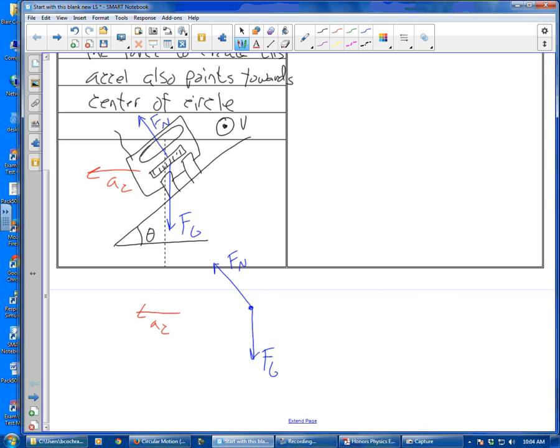I'm going to take the components of my normal force, which would be these two.